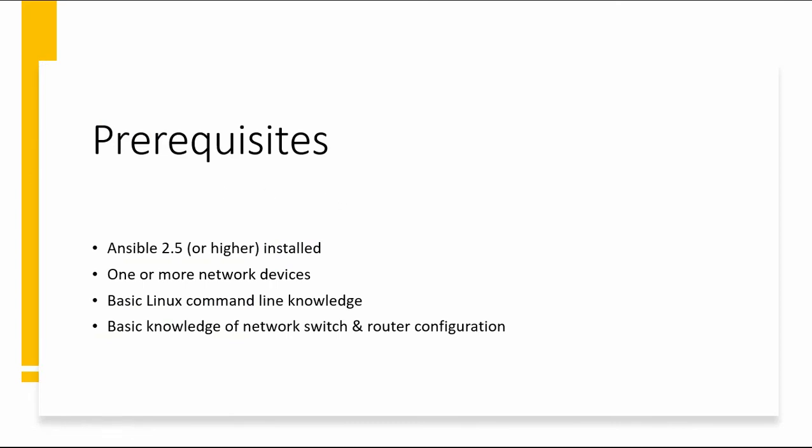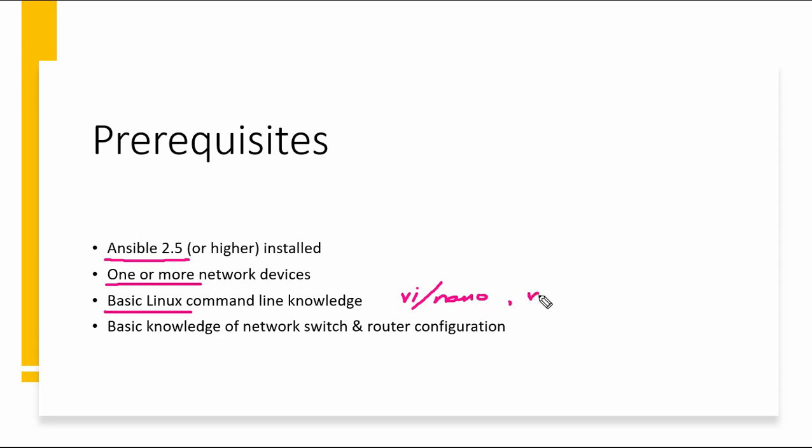To install Ansible on your workstation, or if you start Ansible learning, this is a prerequisite: Ansible 2.5 or a higher version must be installed on your workstation. You should have at least one network device. It will be great if you know basic Linux commands, or at least how to edit a file, which I mentioned in the beginning, with the vi editor or the nano editor.